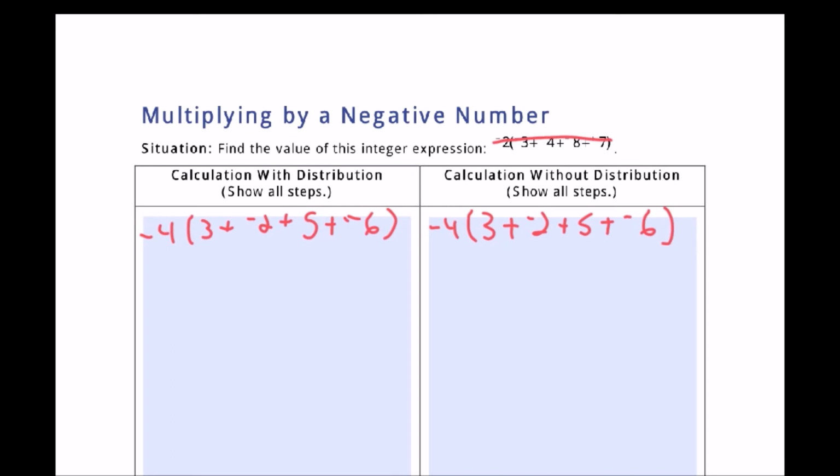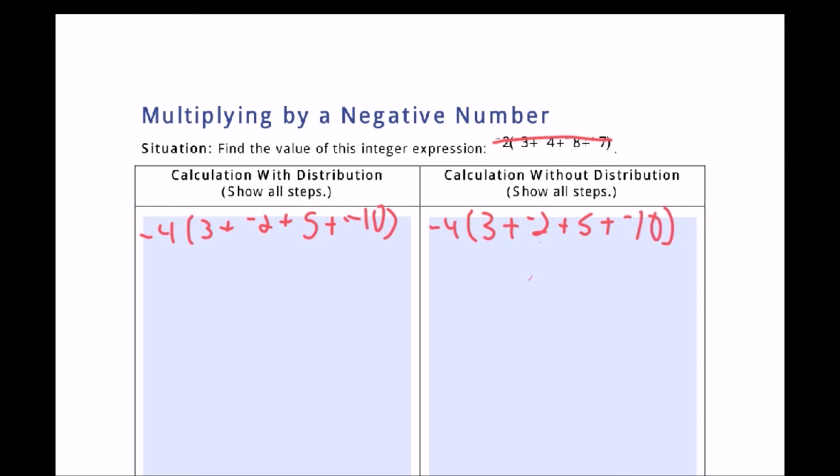Let's do this. I'll start with the without distribution first this time, just to do something different. When I do this, I like to combine my positives and my negatives first. I've got a 3 and a 5. That makes 8. Oh, well, I better pick a better number. Let's change this last 6. Let's say that's negative 10.